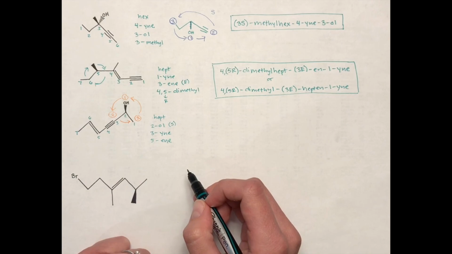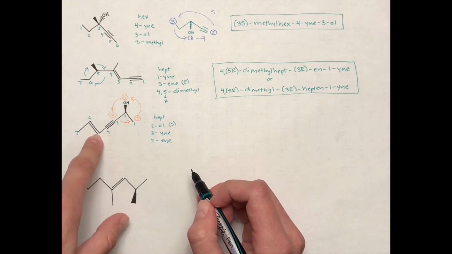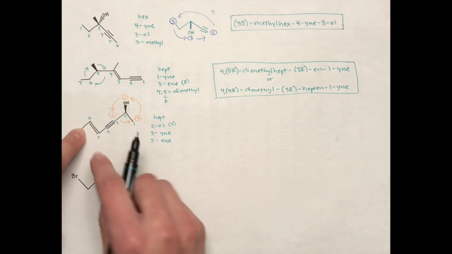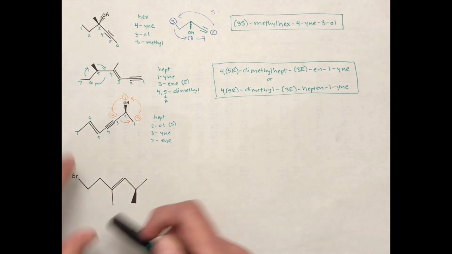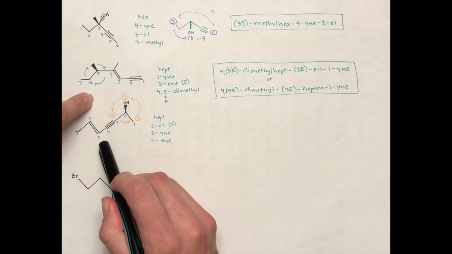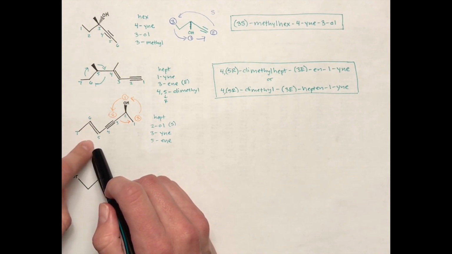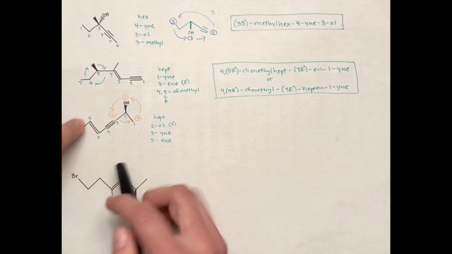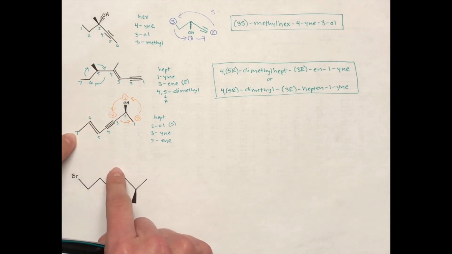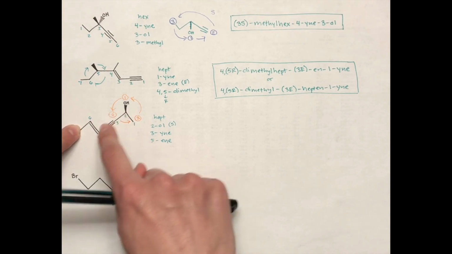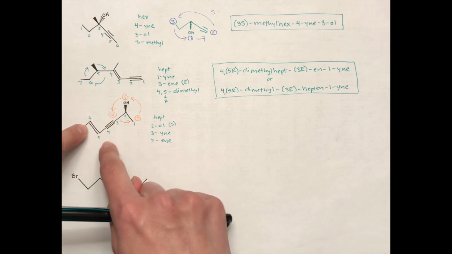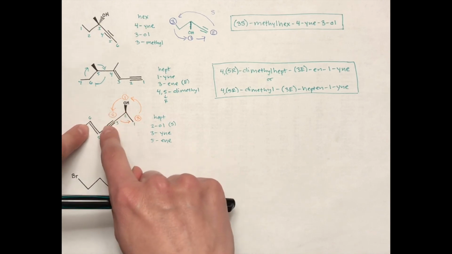Okay, the next thing we can look at is right here at 5, we have a double bond, which means that our substituent groups are either on the same side or opposite sides of the double bond. So looking at this picture, you can see that we have one substituent group right here and one right here off of carbons 5 and 6, so those are opposite sides.